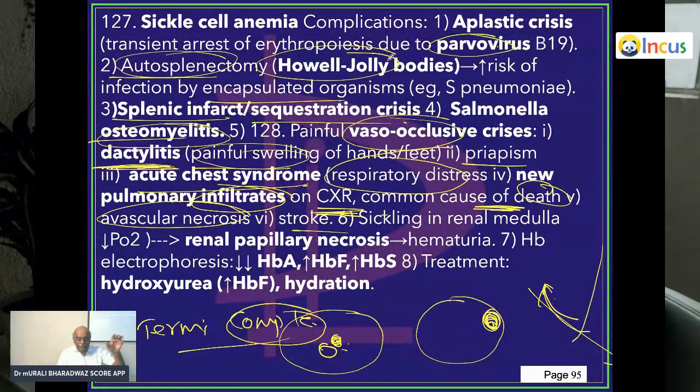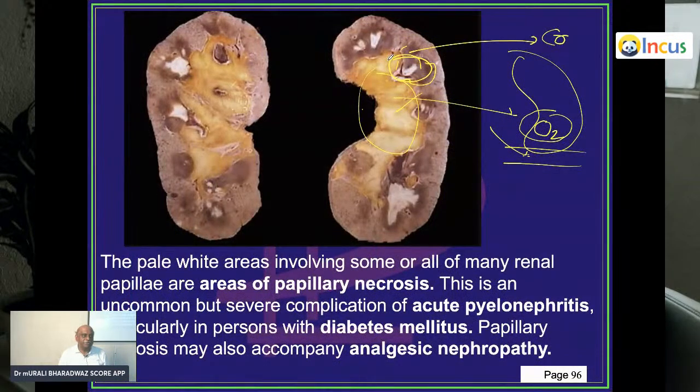So whenever there is renal papillary necrosis, how does it clinically present? That leads to hematuria. Second, the papillae are the location where all your renal tubules are. Renal tubules are required to concentrate the urine because water reabsorption occurs there, no? So whenever we are dehydrated, we produce concentrated urine.